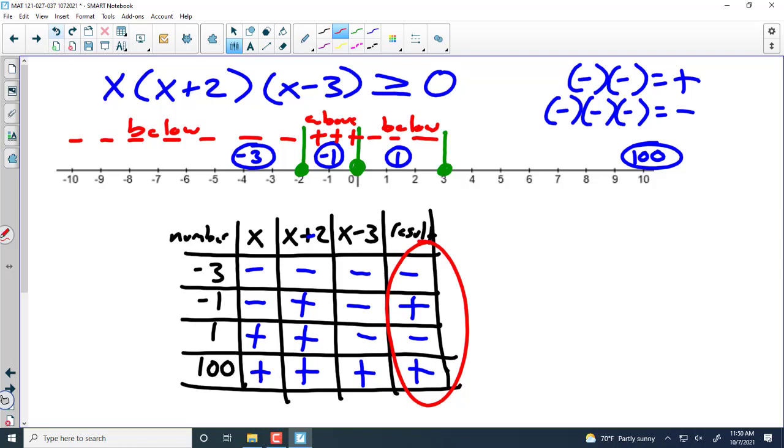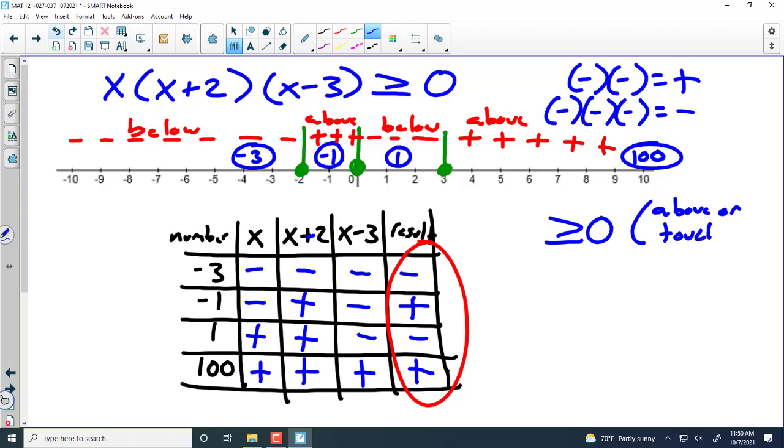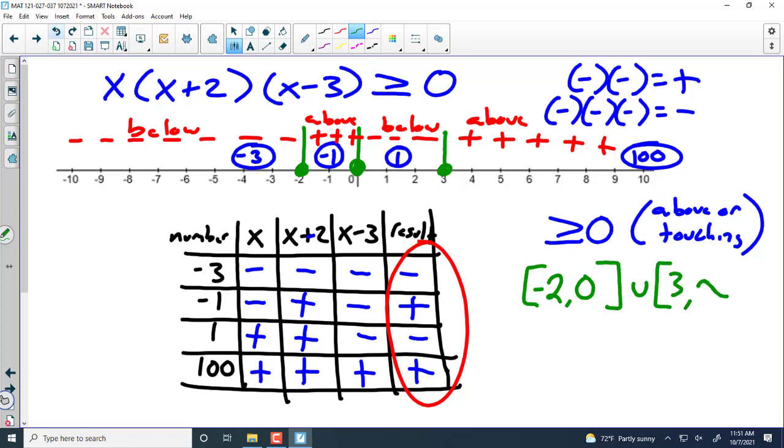The question this is asking me is, am I above or touching? So you look for the ones where the pluses are and you include the endpoints because we're touching there. So our answer would look like this. -2 to 0, 3, and of course never use a bracket on infinity.